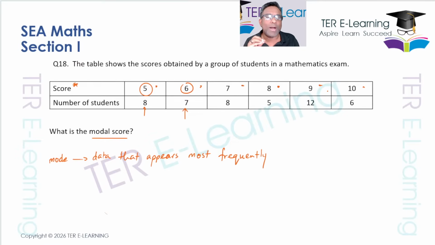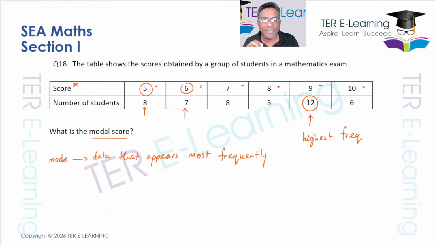Now, which score appeared most frequently? When we look at the number of students here, you realize we have 12. This here is your highest frequency. Now, 12 is not the answer.